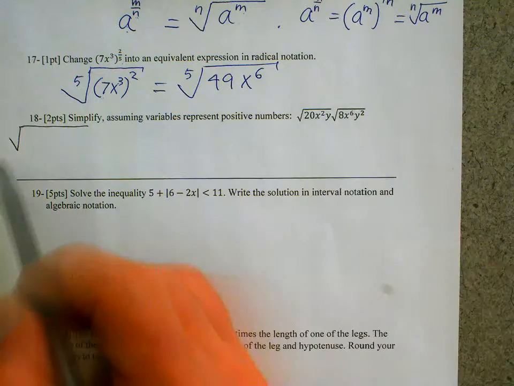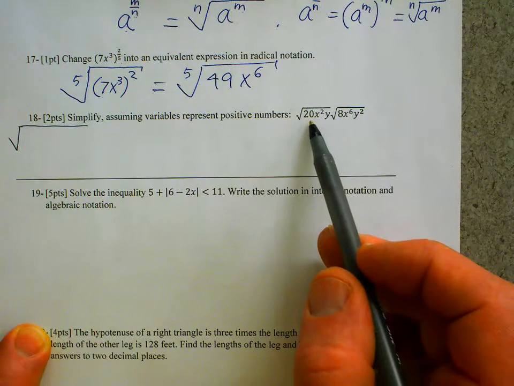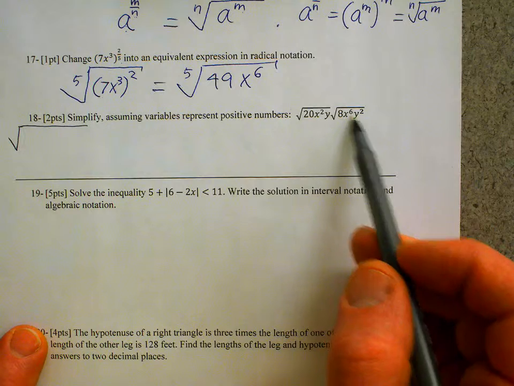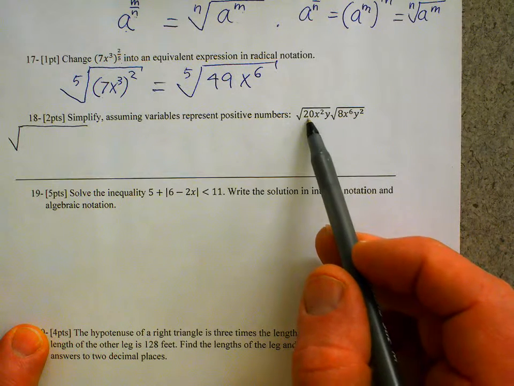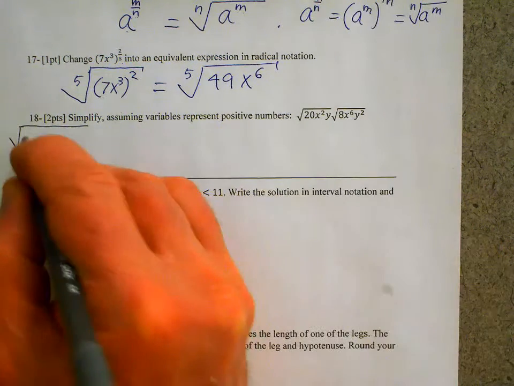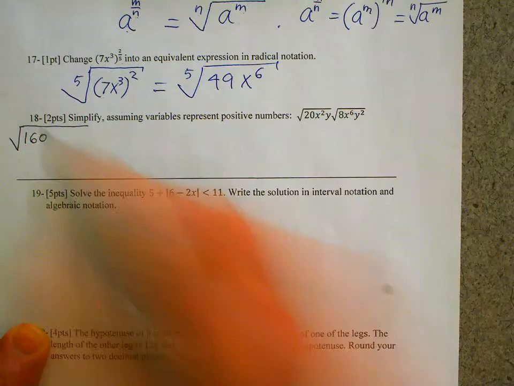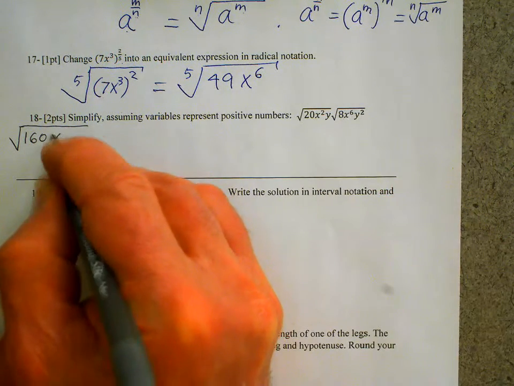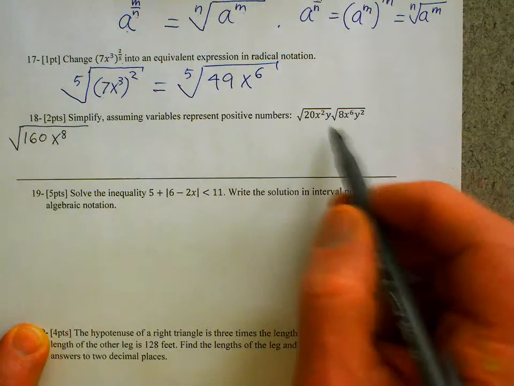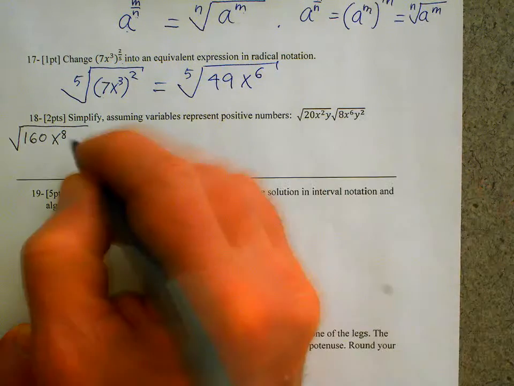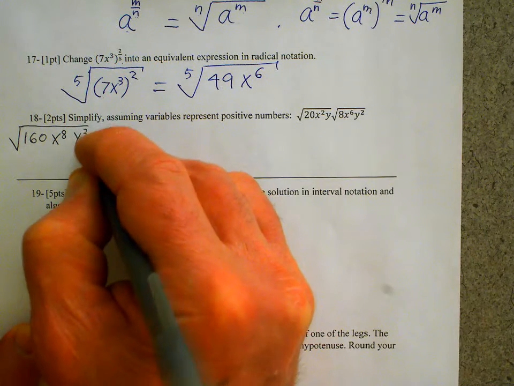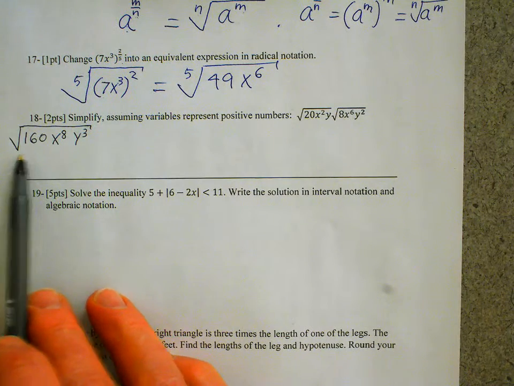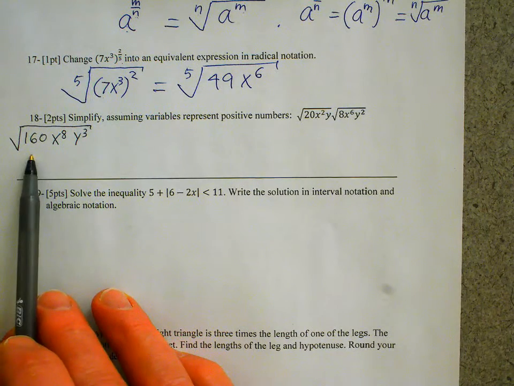So 20x^2y times 8x^6y^2: 20 times 8 is 160. x^2 times x^6 is x^8. And then y times y^2 is y^3. And then we'll just focus on simplifying this square root.